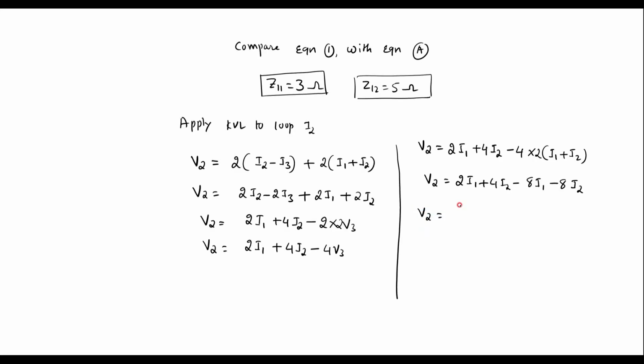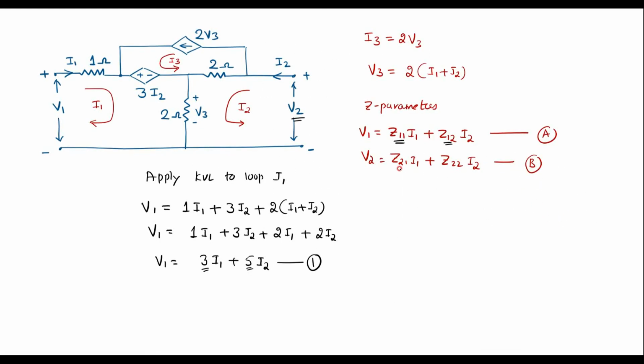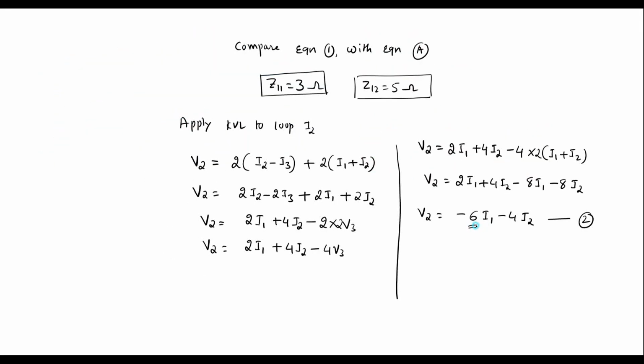So here 2I1 minus 8I1 is minus 6I1, 4I2 minus 8I2 is minus 4I2. Let me call it equation 2. So now let me compare equation 2 with equation B. We can see that Z21 is minus 6 ohm and Z22 is minus 4 ohm.